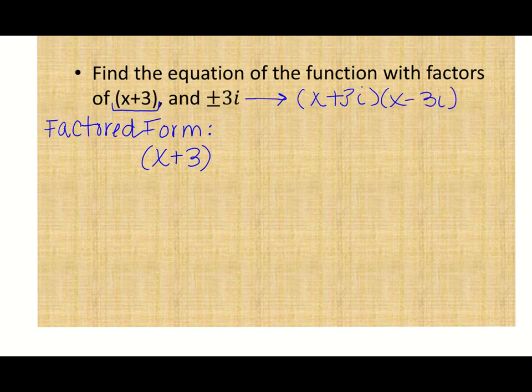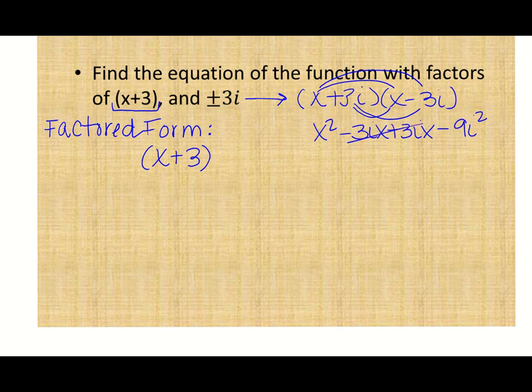So this would then, I can multiply these out to find the factor with my integral coefficients, so they don't have complex numbers. If I multiply this out, I have x squared, and my middle terms are going to cancel. And then my final term is -9i squared.